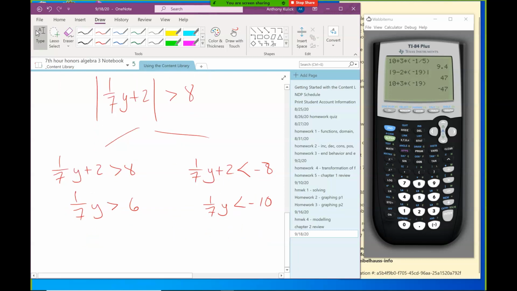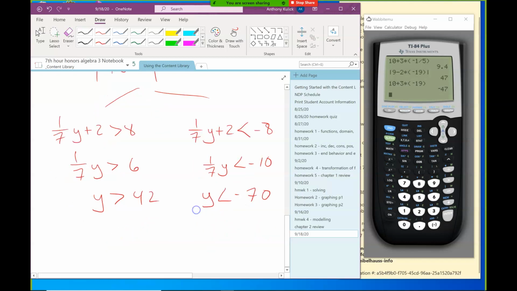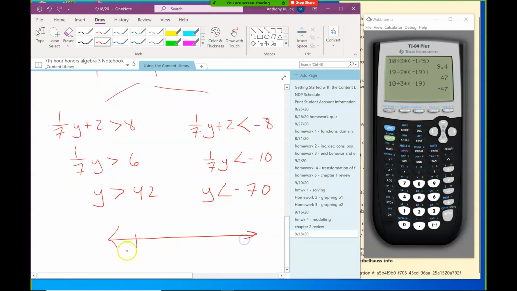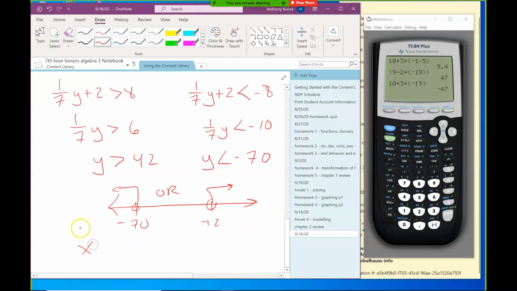And then we'll divide by 1/7, or what I think would be easier in this situation is to think about it as a multiplication of the reciprocal. In this case, just multiplying both sides by 7. So that's the OR situation. So I have y is less than -70 or y is greater than 42.